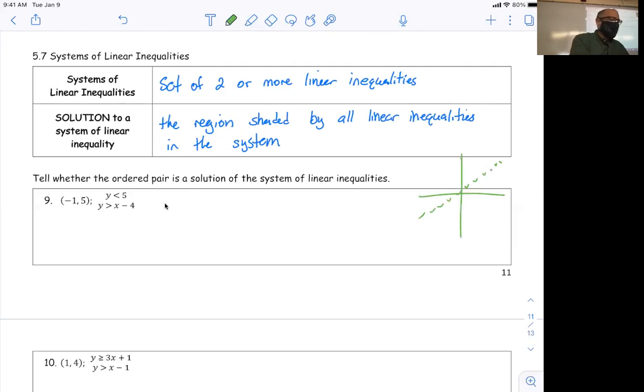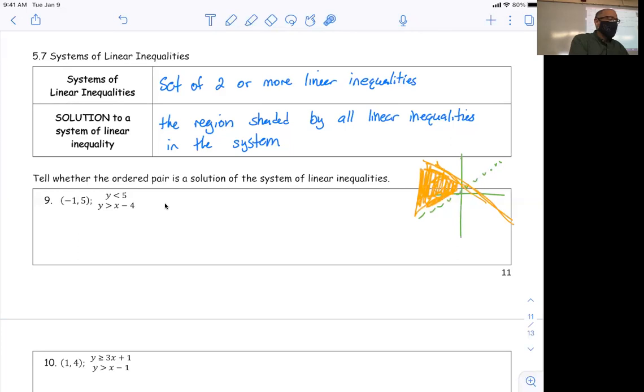Here I've amended it a little bit today, and here is the shaded region. This is going to be the solution. Any point in this region made this equation true as far as the orange line, and it made this equation true as far as the green line. So this is the area that makes both of them true, okay?